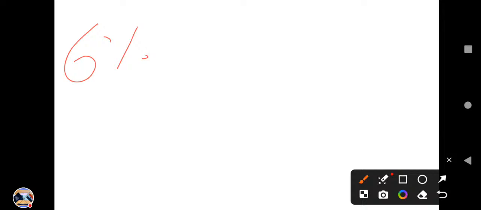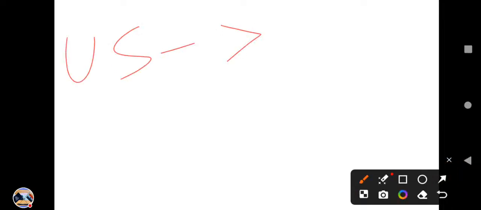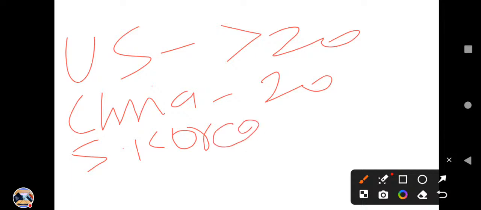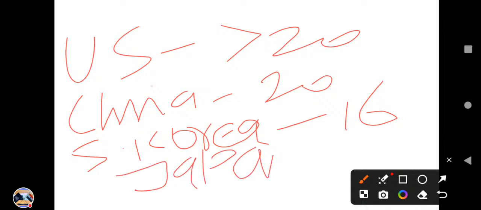Okay, the patent period: the US is more than 20, China is 20, South Korea is about 16, and Japan is very low, like 15.